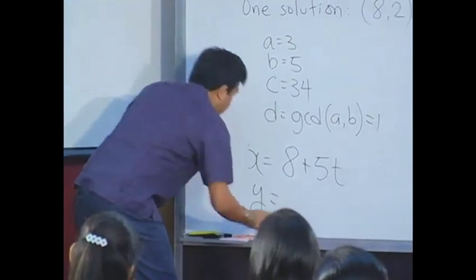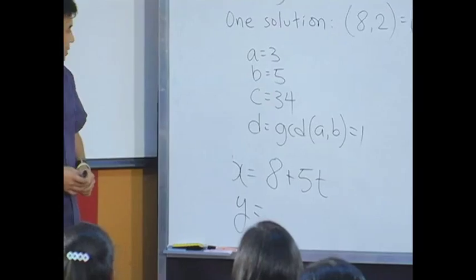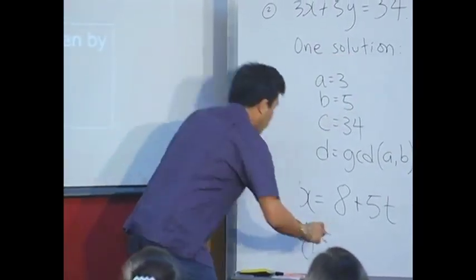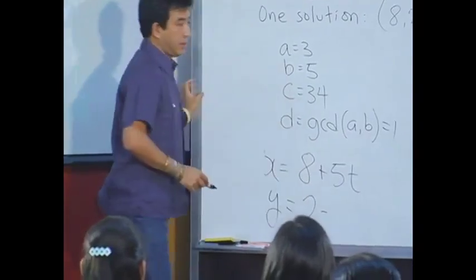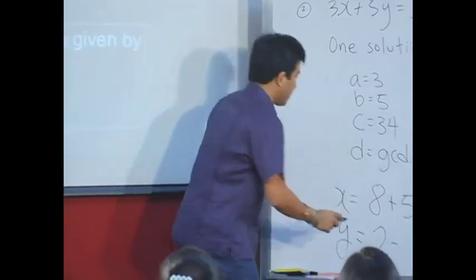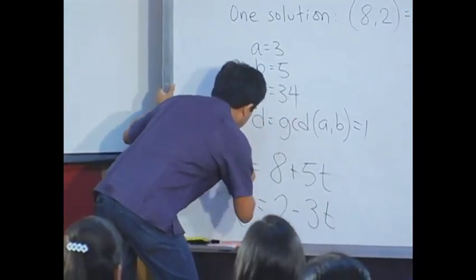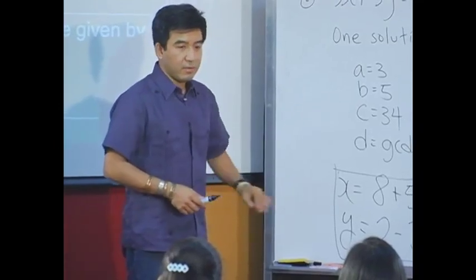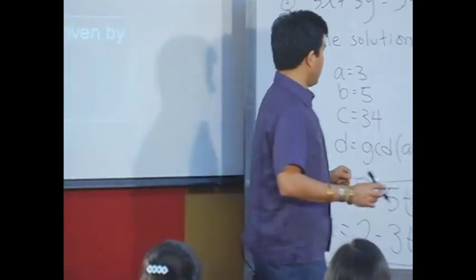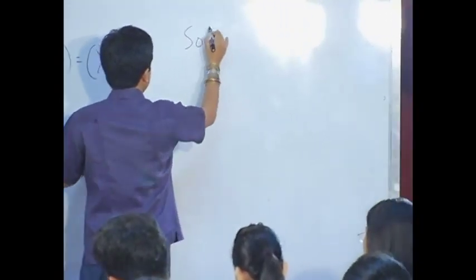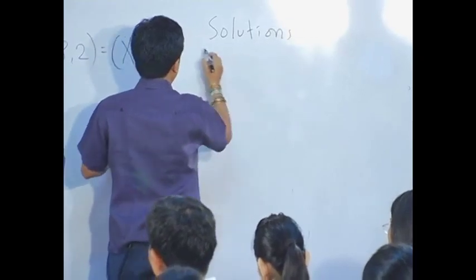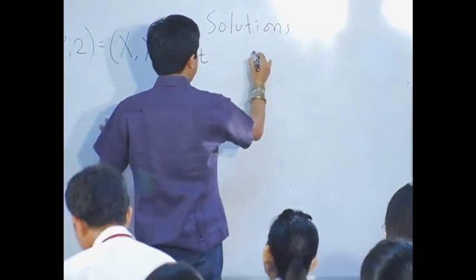And y is given by our big Y there, 2, minus a times t, so 3t. This means that we can just replace t with any integer and we have all those solutions. So solutions: t, we have our x and our y.